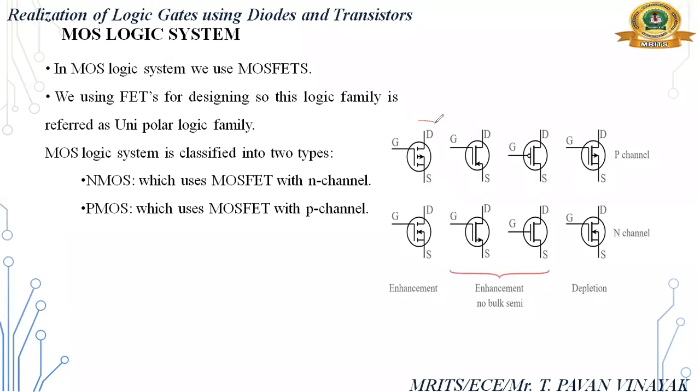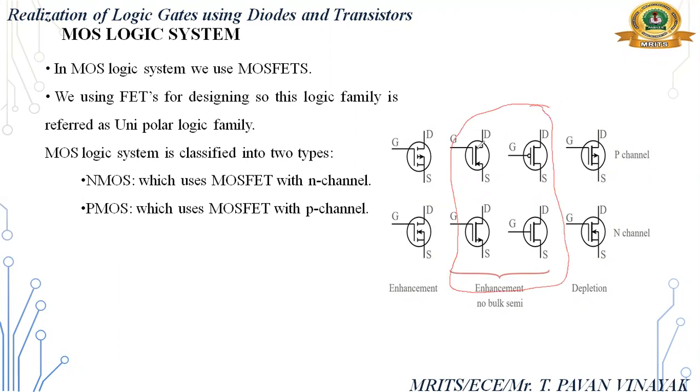This is the enhancement P channel MOSFET. This is depletion based P channel. This is depletion based N channel. This is enhancement based N channel. But we use this general notation.